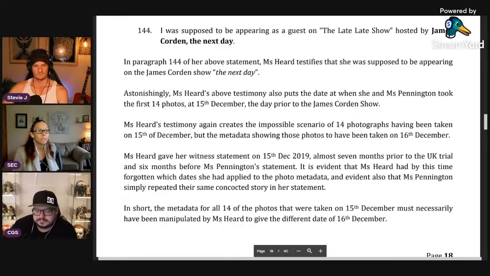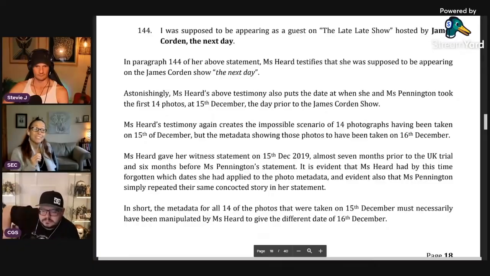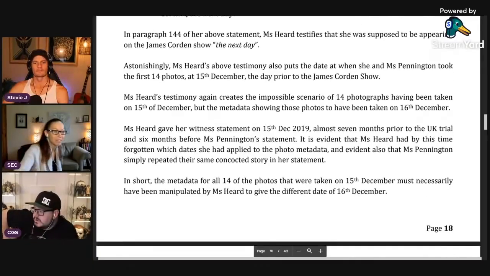Miss Heard gave her witness statement on December 15th, 2019, almost 7 months prior to the UK trial and 6 months before Miss Pennington's statement. It is evident that Miss Heard had by this time forgotten which dates she had applied to the photo metadata, and evident as long as Miss Pennington simply repeated the same concocted story in her statement.